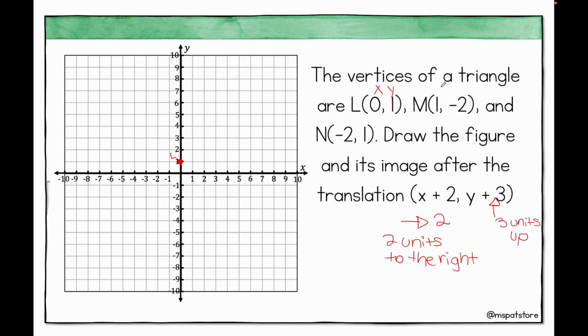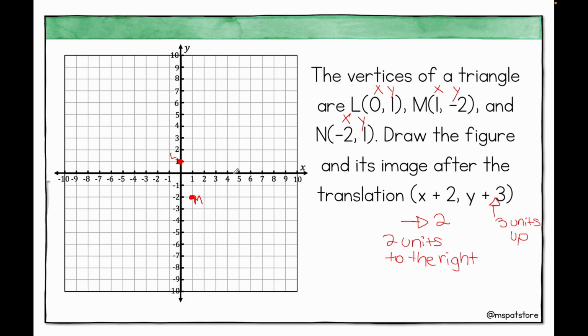Now M. It says that it's positive 1 in the x and negative 2 in the y. So positive 1, negative 2 in the y is down here. So you draw your dot, and this is M. Now, N is located at negative 2 in the x-axis and positive 1 in the y-axis.